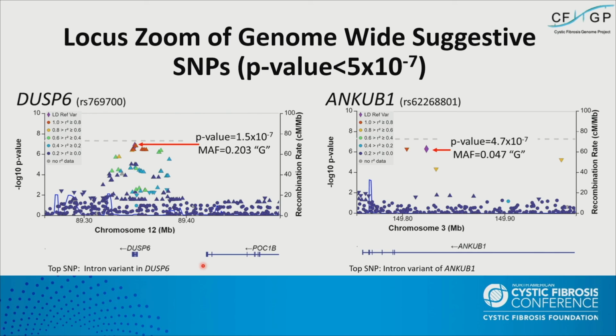The other suggestive SNP was in ANKUB1, which has a polycystin repeat and ubiquitination domain, with a p-value of 4 times 10 to the -7, and again a relatively low minor allele frequency, 4.7% for the risk allele. So again, it must have a fairly strong effect size.